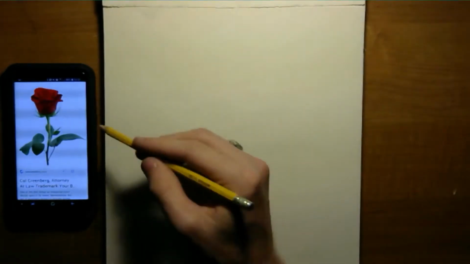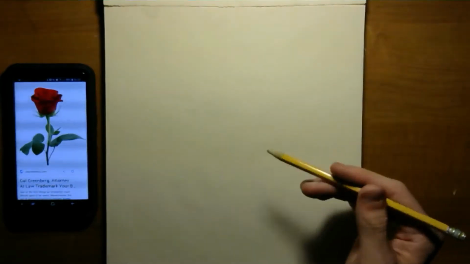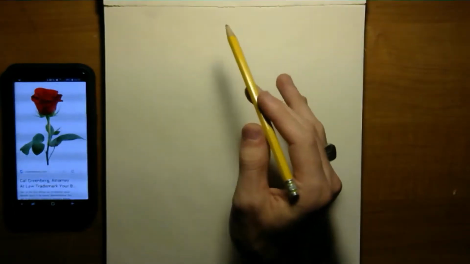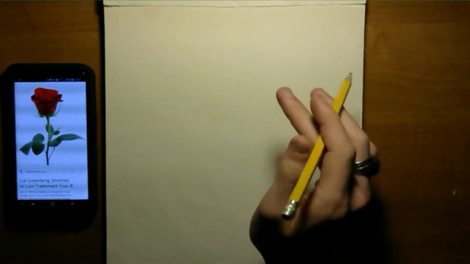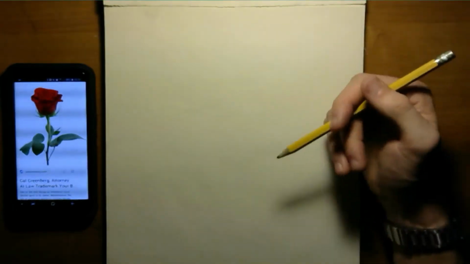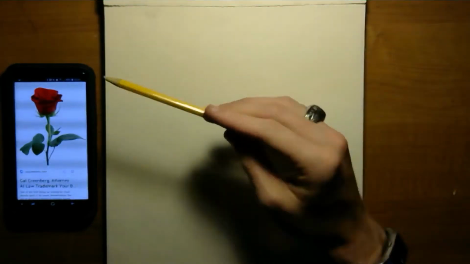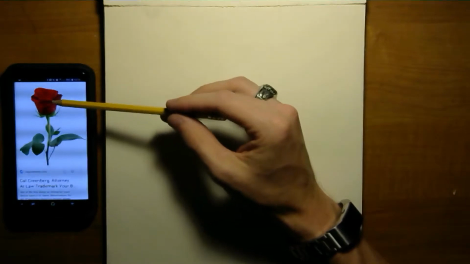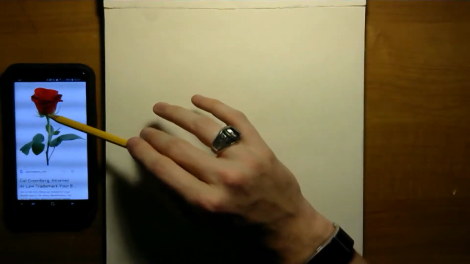Alright, so what you want to do is choose a spot to start. When I draw, I always try to find a rhythmic part. Some people have certain techniques, and mine's a rhythmic one. What I mean is, if you look right here at the curves of the petals of the rose, you can see how it has a lot more character than just the stem.